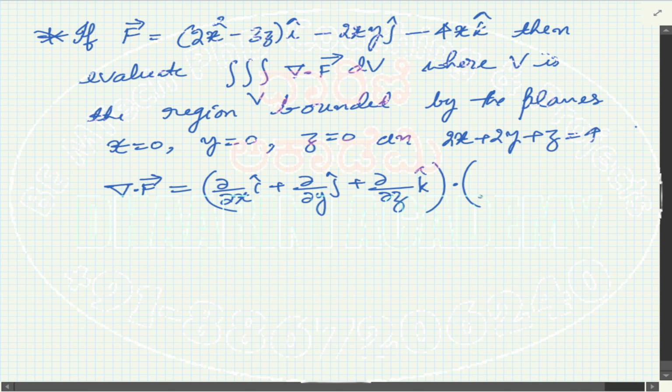So that is (2x squared minus 3z) into i cap minus 2xy times j cap minus 4x into k cap.